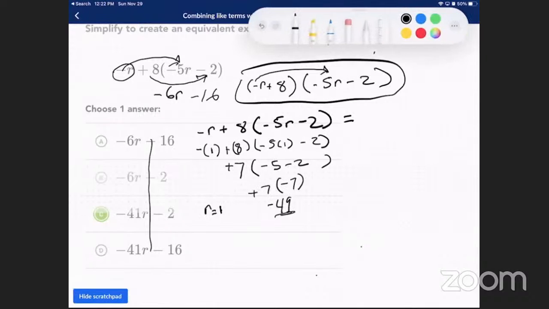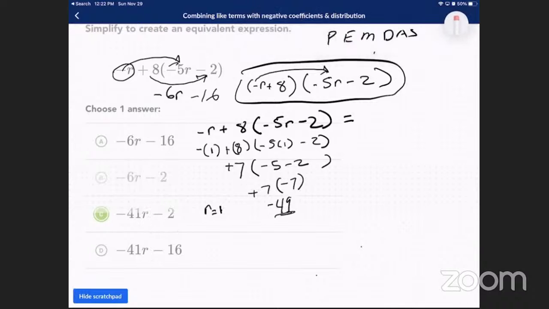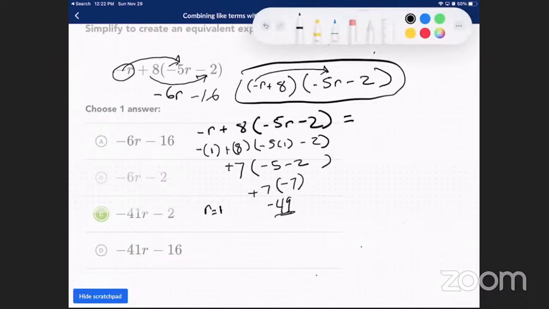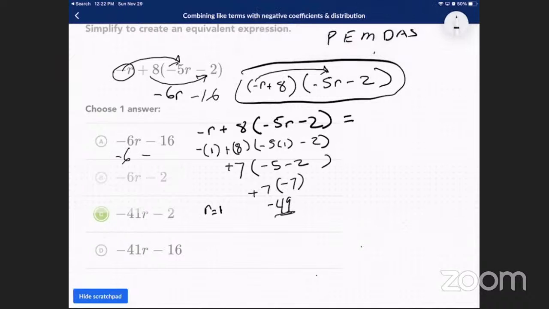So now we can try that. We can try plugging in 1 into one of these. Which one should we start with first? Let's start with A because we were already working with that one, right? So we have -6r, times 1 would be -6, and then you have a -16 here.